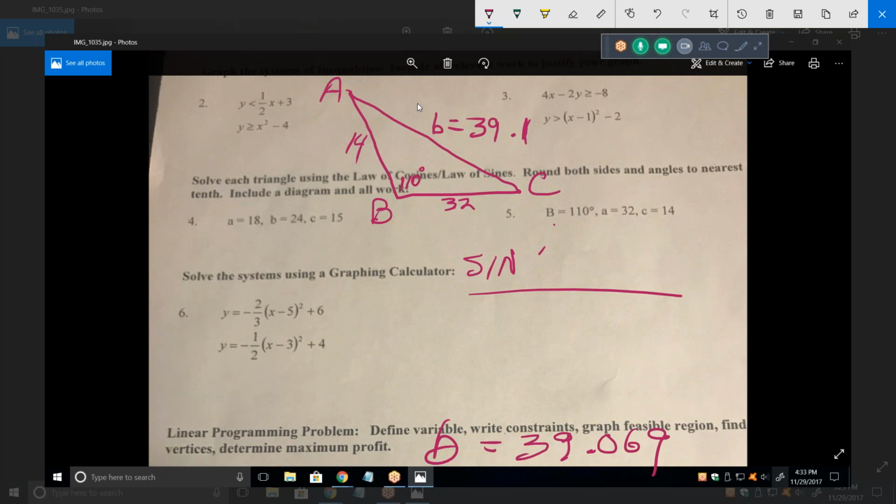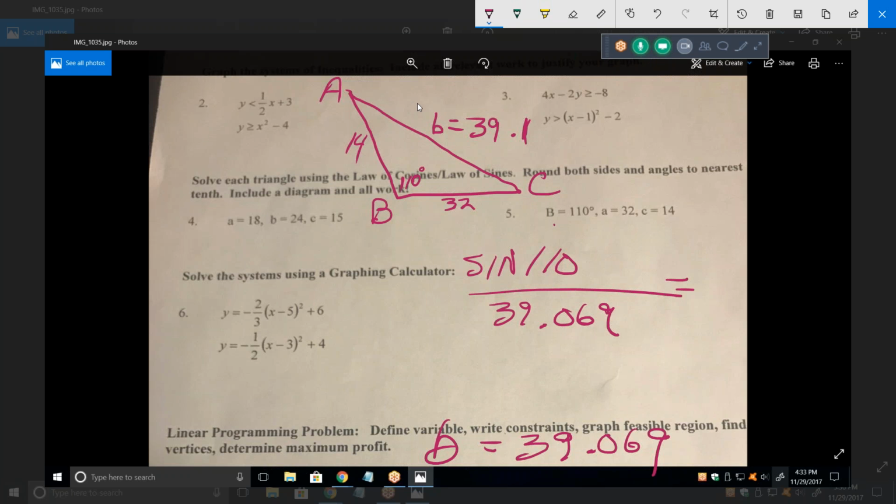It's the sine of 110 divided by 39.069 equals what? No, I don't want that number.